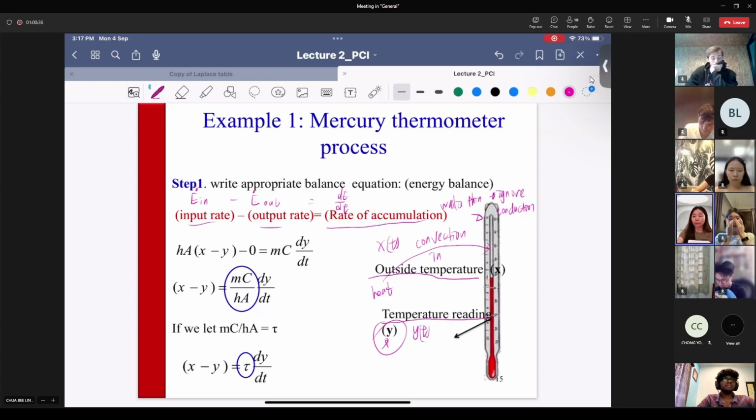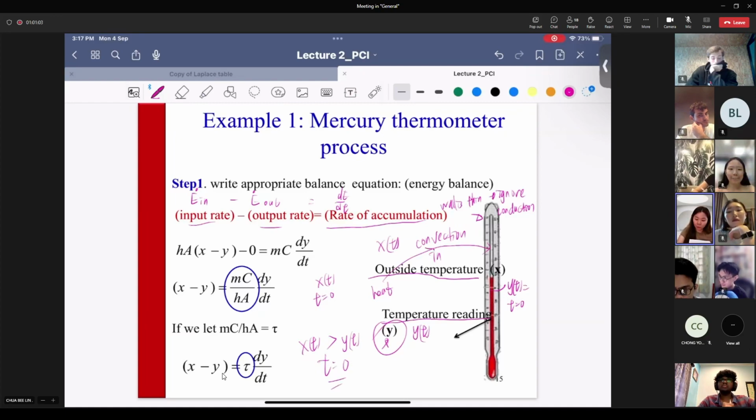So this is the in, which means the temperature of x at time equals 0 is higher than the temperature of the thermometer reading at time equals 0. So your x(t) is larger than y(t) at t equals 0.